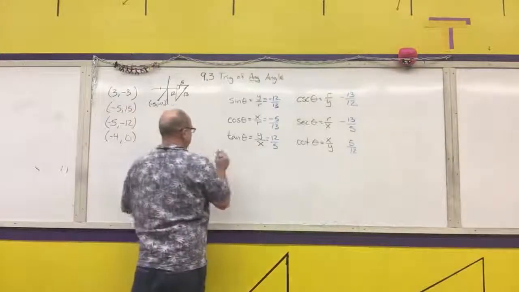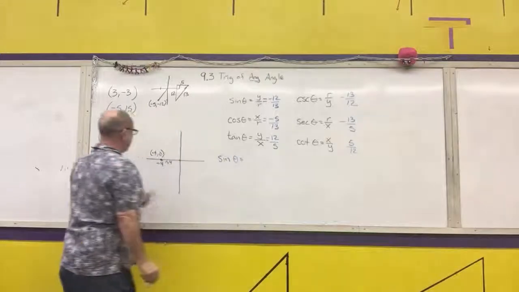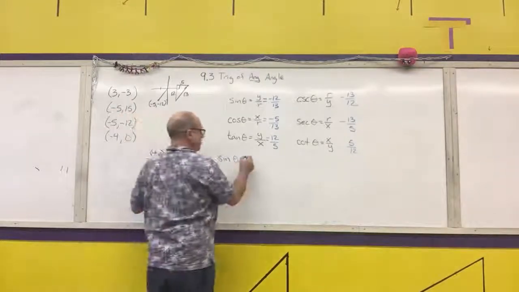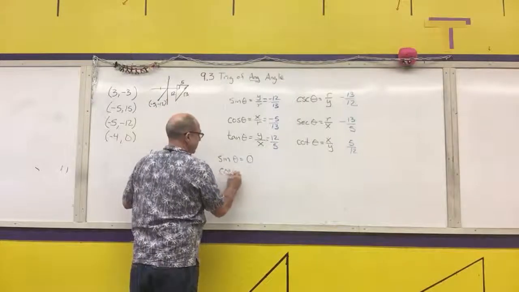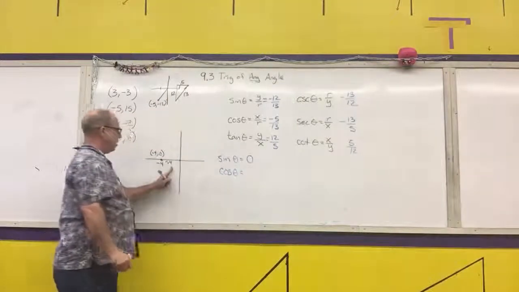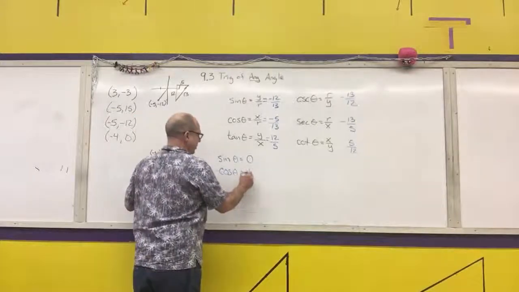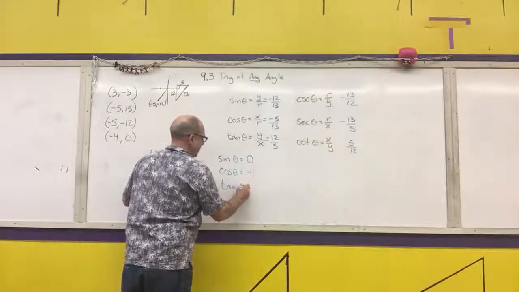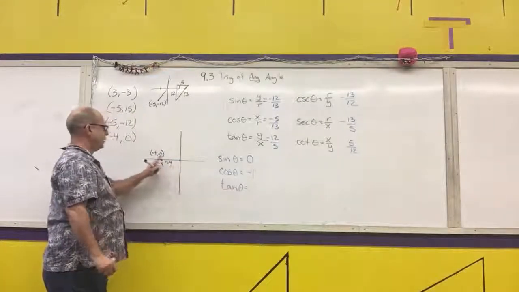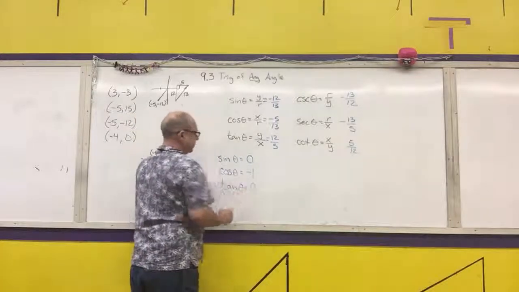So I know the sine of my angle is y over r, so 0 over 4, which is 0. My cosine is x over r, which is negative 4 over 4, which is minus 1. My tangent is y over x, 0 over negative 4, which is 0.